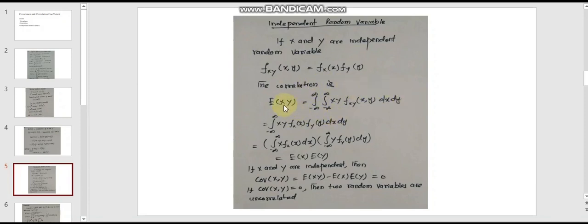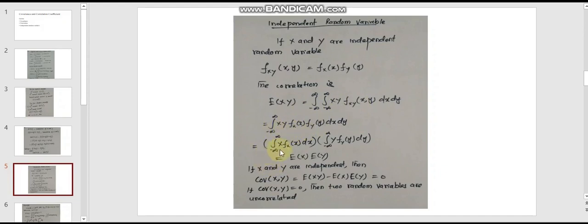I have already defined the expected value of x and y. So this joint PDF can be written as the product of the marginal PDFs of x and y, and I can expand the right hand side of this equation like this.